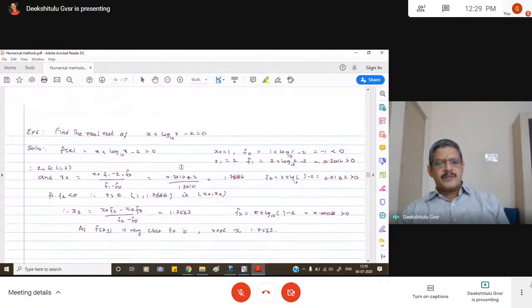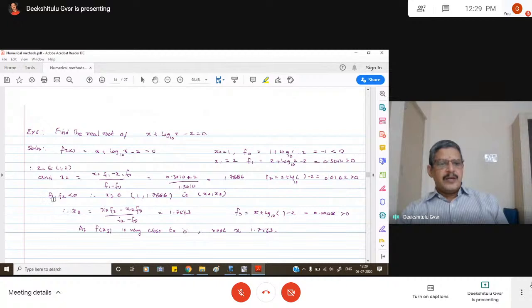Next, x log x - x + log x - 2, x0 = 1. So f0 is less than 0. At x1 = 2, it is greater than 0. So the root lies between these, x2 belongs to (1, 2), and x2 is (x0 f1 - x1 f0)/(f1 - f0), so it comes out to 1.7686.